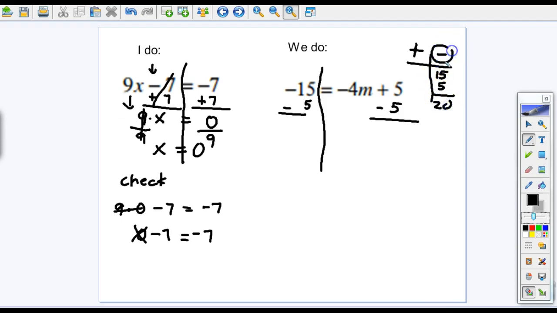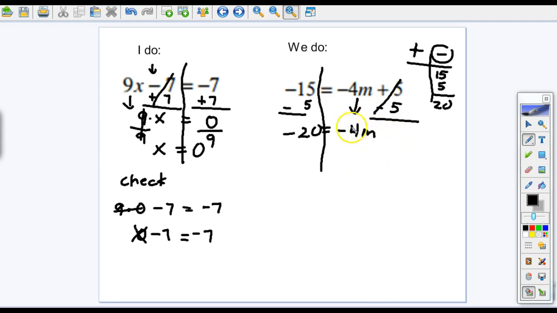And I know that my answer will be a negative. So this gives me negative 20. Using column method there will help you make sure that your positives and negatives don't get confused. So positive 5 minus 5, we know that these cancel out because that was our goal. Our goal is to eliminate this 5 on this side. So I'm going to go ahead and bring down my negative 4 times n.